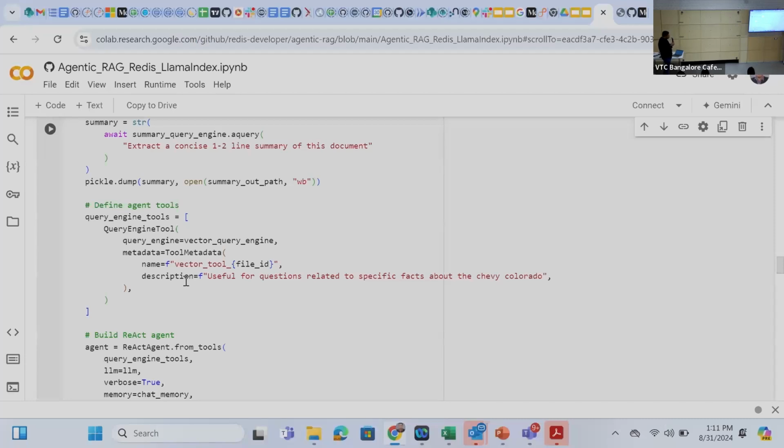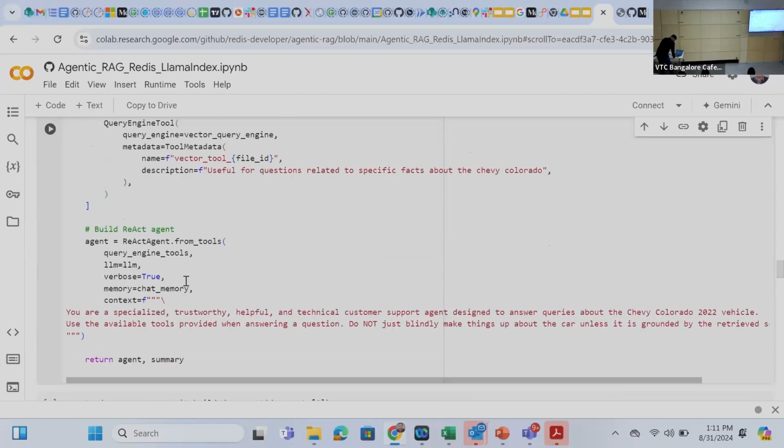Now, for example, we have given an input of a car manual, which was for a specific model of a Chevrolet, and I can very well ask any question specific to that model. There may be some queries that you ask which may not be part of the manual, but it may very well try to answer that based on web sources as well.